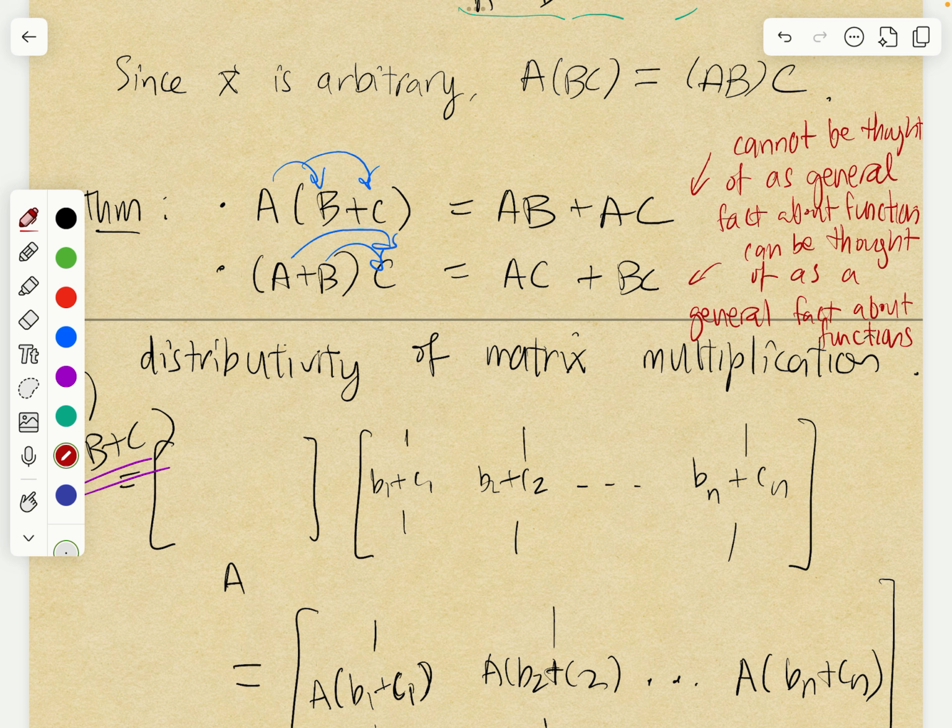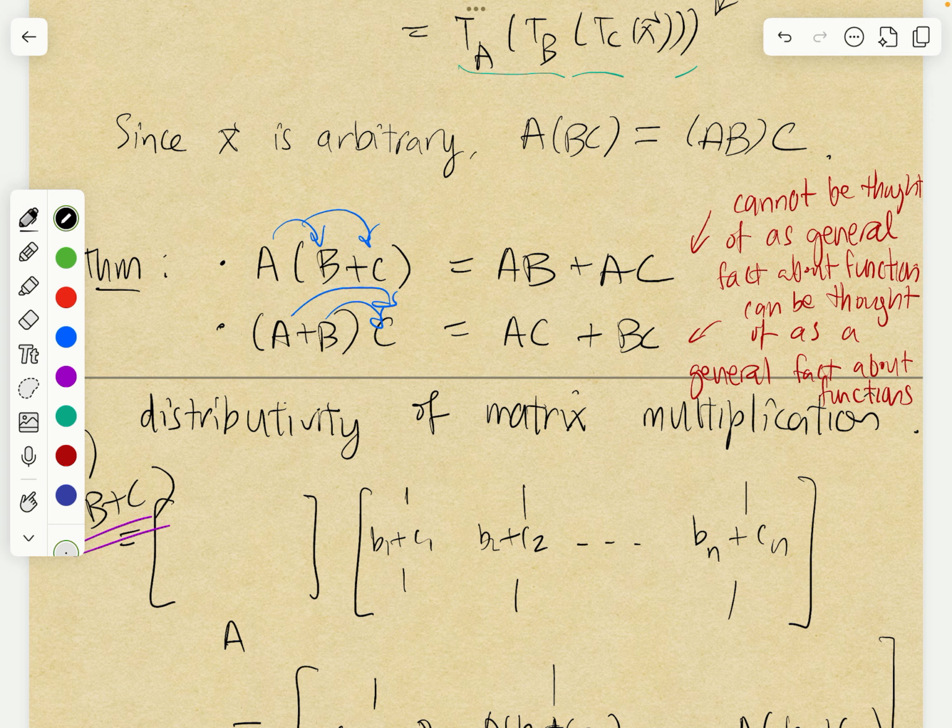Because, for instance, in general it's not true that f composed with g plus h of x is the same as f of g of x plus f of h of x. That's just not true in general. If you have something like g of x equals x, h of x equals x, and f of x equals x squared, you can check that the left-hand side is not equal to the right-hand side.